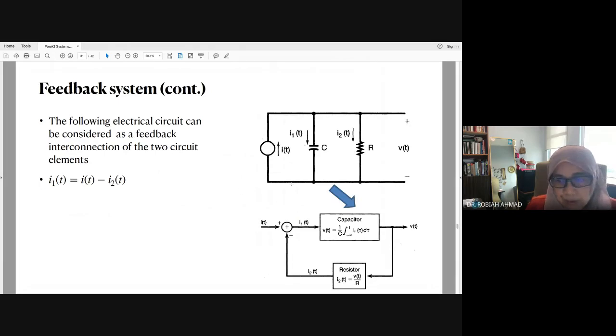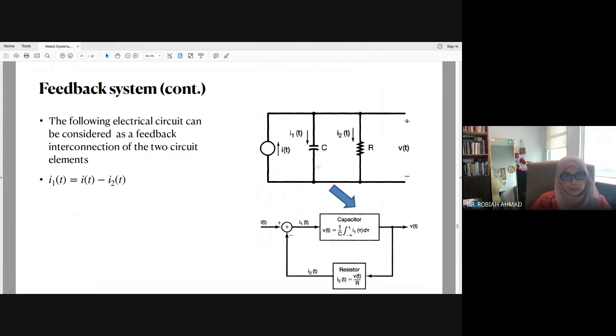Okay, so this is on interconnection, and this is an example of how we have the feedback in an application of an electrical circuit. This one is parallel. We have the input here, the current, and then a capacitor, and a resistor. For each component, I1 is the current at the capacitor, I2 is the current flowing through the resistor, and all these are parallel with the same voltage.